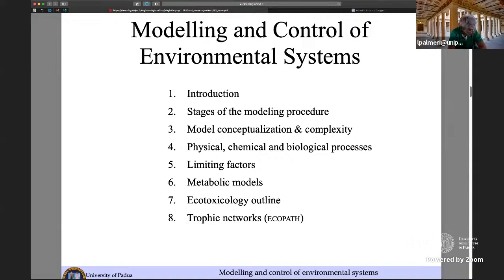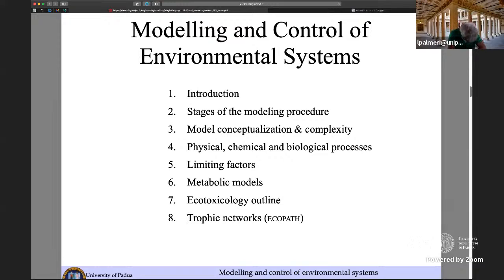Metabolism is the flow of energy per unit time, per unit mass or unit volume of a given system. So metabolism is a flow of energy, or better, a flow density, an energy flow density. These metabolic models.